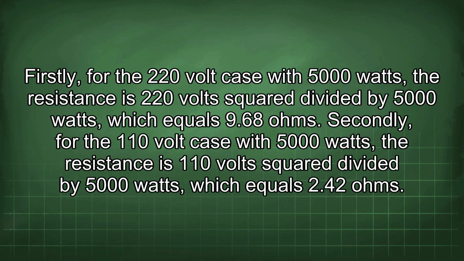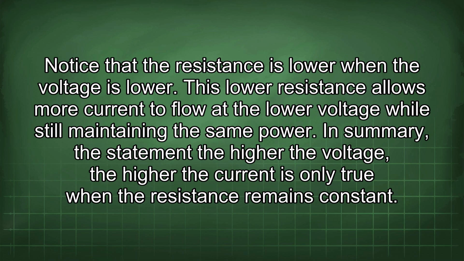Secondly, for the 110 volt case with 5000 watts, the resistance is 110 volts squared divided by 5000 watts, which equals 2.42 ohms. Notice that the resistance is lower when the voltage is lower. This lower resistance allows more current to flow at the lower voltage while still maintaining the same power.